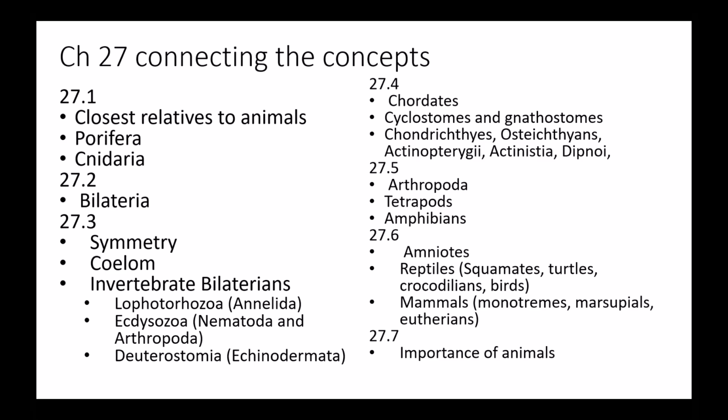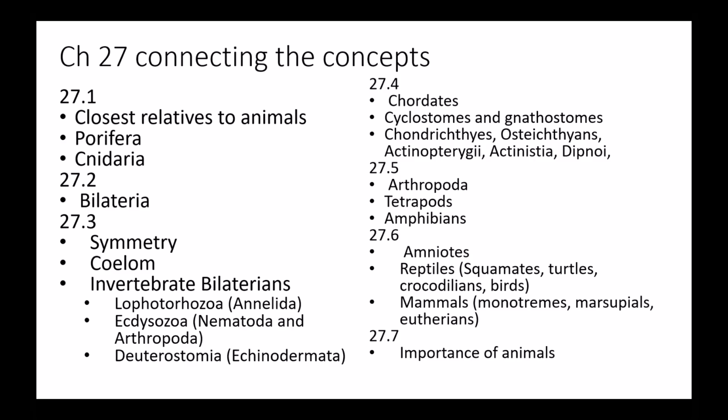We talked about the different invertebrate bilaterans, which we just talked about on our previous slide too. So annelids are segmented worms, nematodes are roundworms, arthropods, exoskeleton, jointed appendages, deuterostomes, that blastopore developed into the anus, and that includes the echinodermata, and then chordates. So echinodermata are starfish and they're invertebrate.